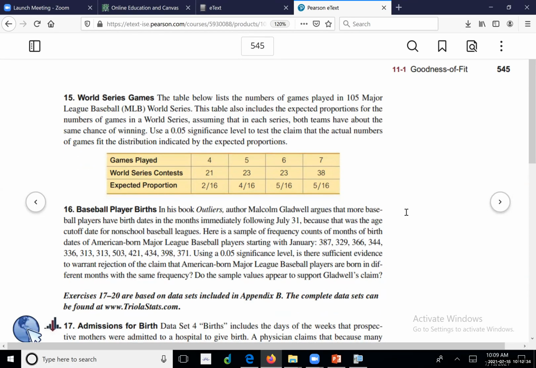Okay, so let's do number 15. I'm going to give you 5 minutes. Read the question. It's World Series games. There is an observation of World Series contests, and there were some expected proportions.